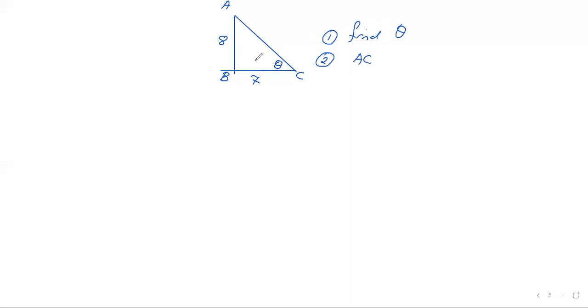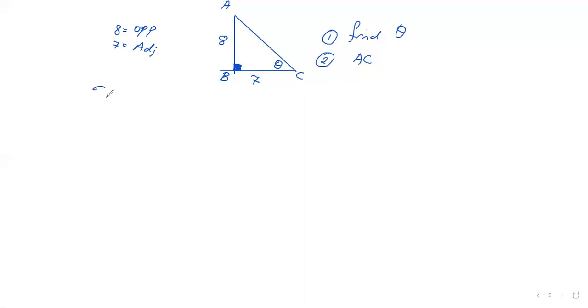Now, in this triangle here, we are given two sides. We are given AB and BC, and they're given 90 degrees here. Now this side here is opposite. 8 is opposite the theta, and 7 is adjacent. Now we look at our trig ratios. Which one has opposite and adjacent?